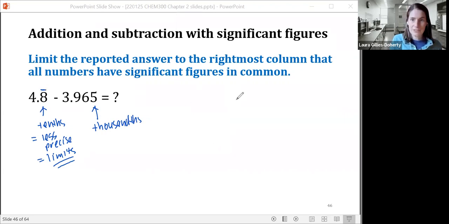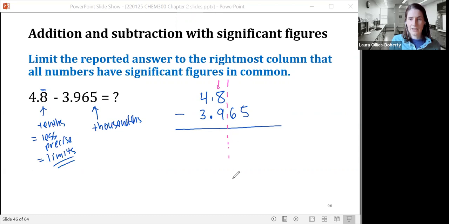If we line it up, you'll see the same thing. 4.8 minus 3.965. And if we draw our little line to cut it off where they stop, it ends in the tenths place. So when you plug it into your calculator, calculators don't know how to handle sig figs. You have to do that after you do your calculation.